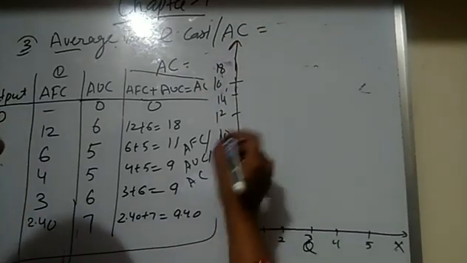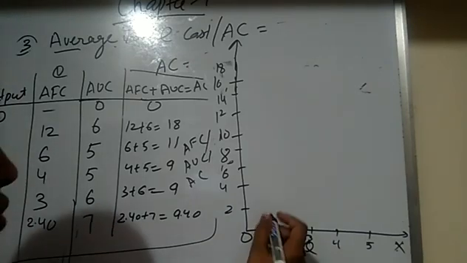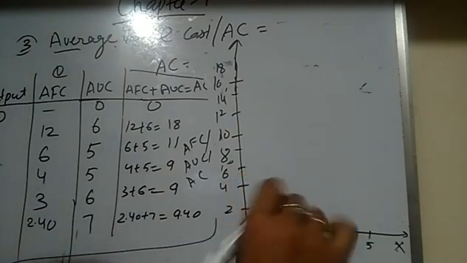Okay, AFC, AVC and AC. Okay students, so when output is 0, no average cost, no fixed cost, no average variable cost.